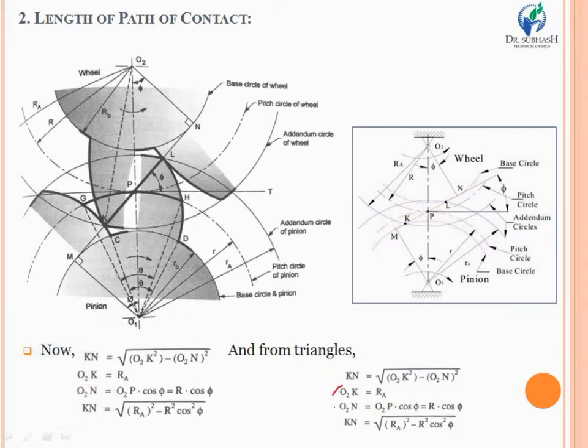By putting both values, O2K and O2N, in this Pythagoras relation and simplifying, at the end you will have KN equal to under root R whole square minus r square cos square phi.